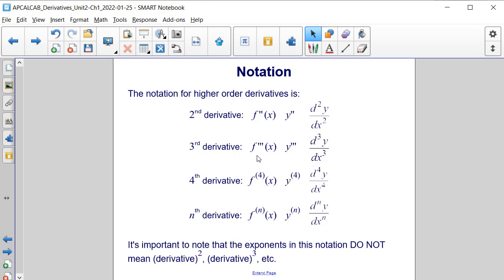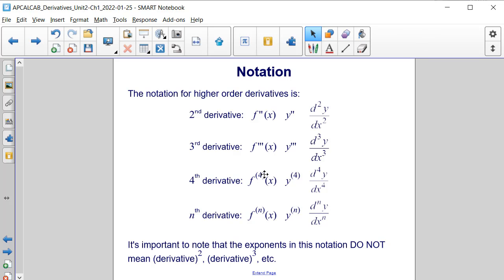For the third derivative, it closely resembles the second derivative, and it's read as f triple prime of x, or y triple prime, or this notation where the 3 is in superscript between the d and y over dx, and then 3 again in superscript. It's read as the third derivative of y with respect to x.